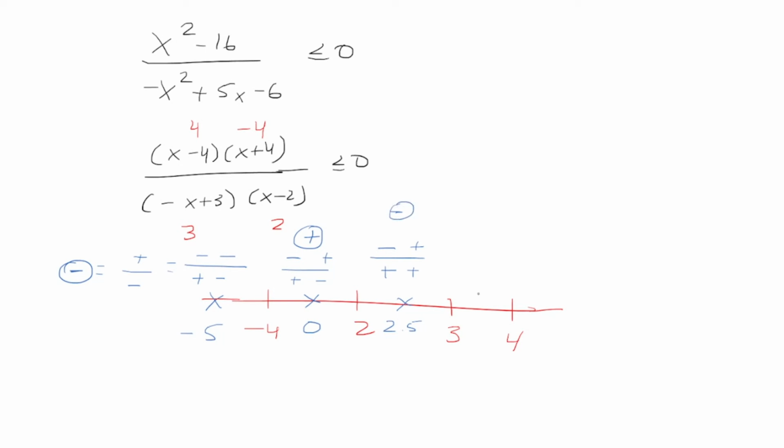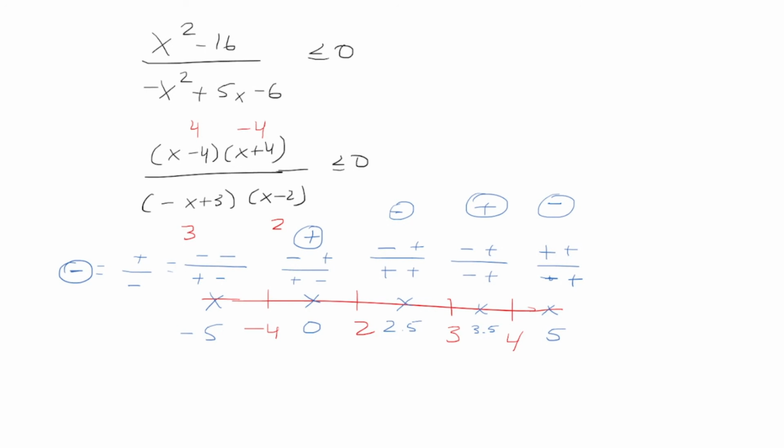So this is negative. Pick a number between 3 and 4, say 3.5. We get negative, positive, negative, positive. So this is positive. And then pick a number greater than 4, let's say 5. Get positive, positive, and then this is negative and positive. So this is negative.